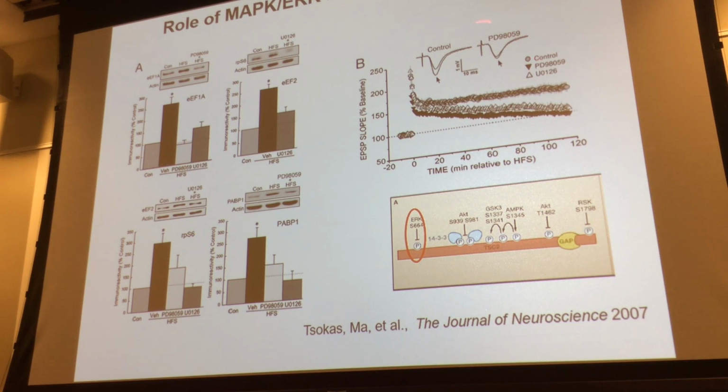Correlated to that, you can see in the LTP study that when you put in the PD compound or the U compound, they both block LTP, which is again similar to the rapamycin study. Let's just move on, because I want to leave a few minutes for more questions.